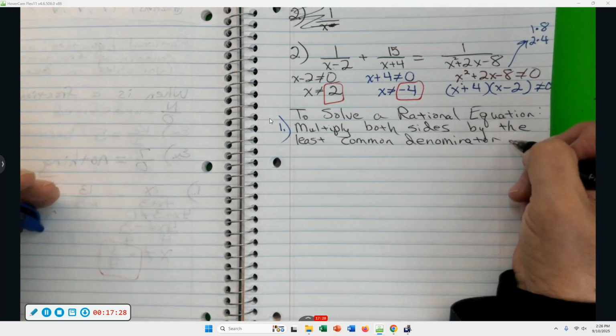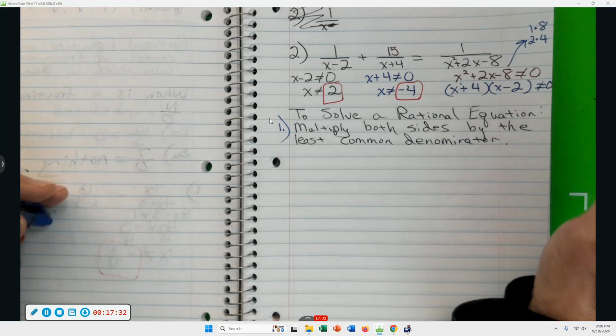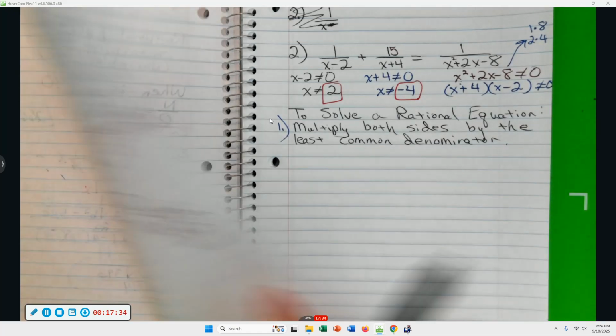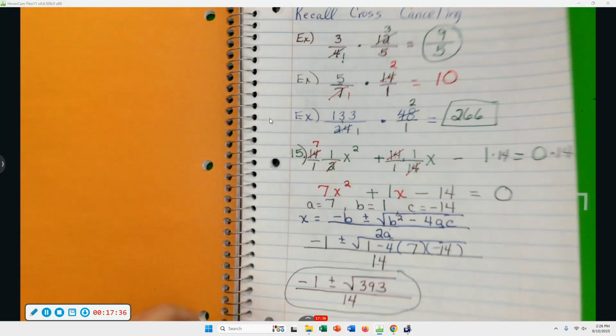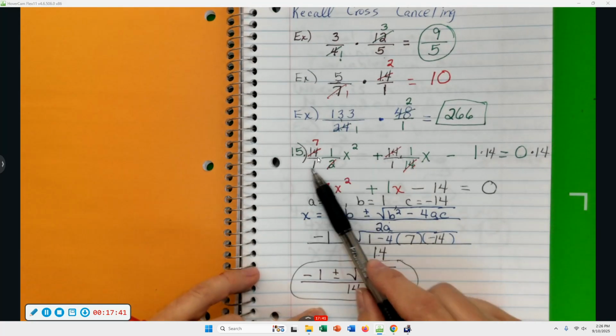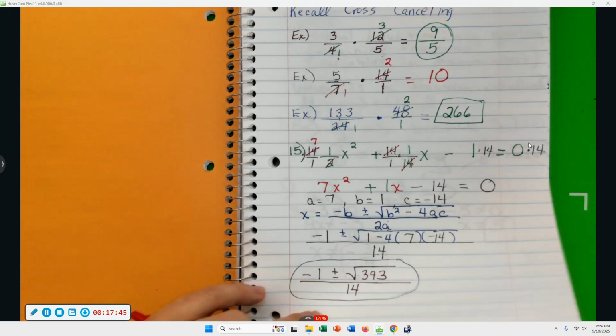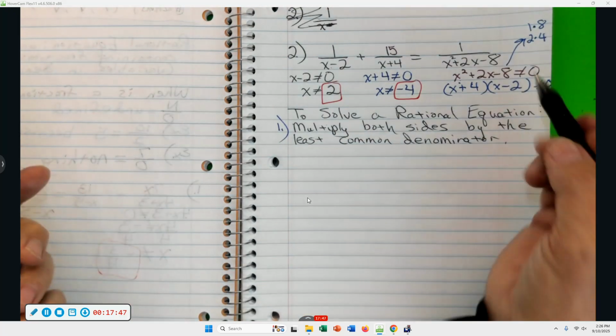And I'm going to make a note here that you're going to have to distribute. Remember, what it looks like is you're multiplying every term by that least common denominator. Remember the way he said he found the least common denominator and he put it out there beside each term. That's what we're going to be doing here.